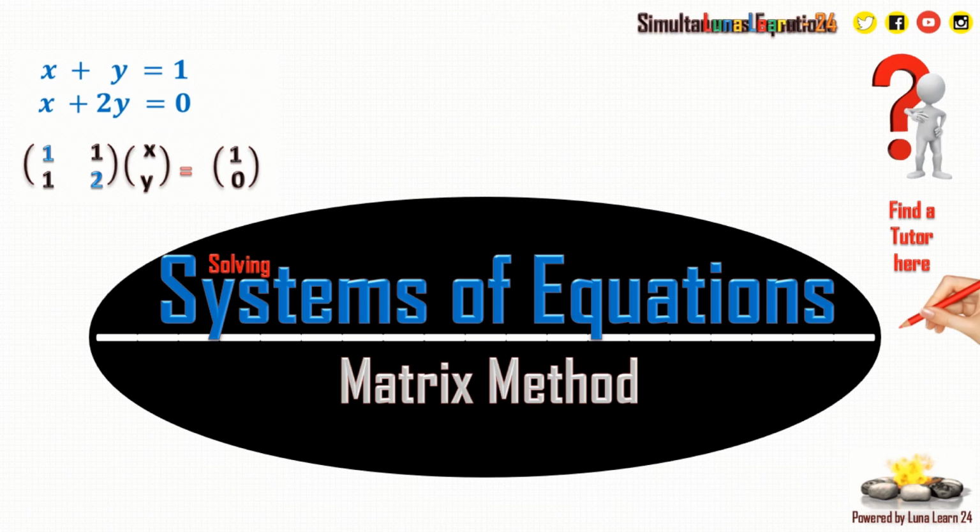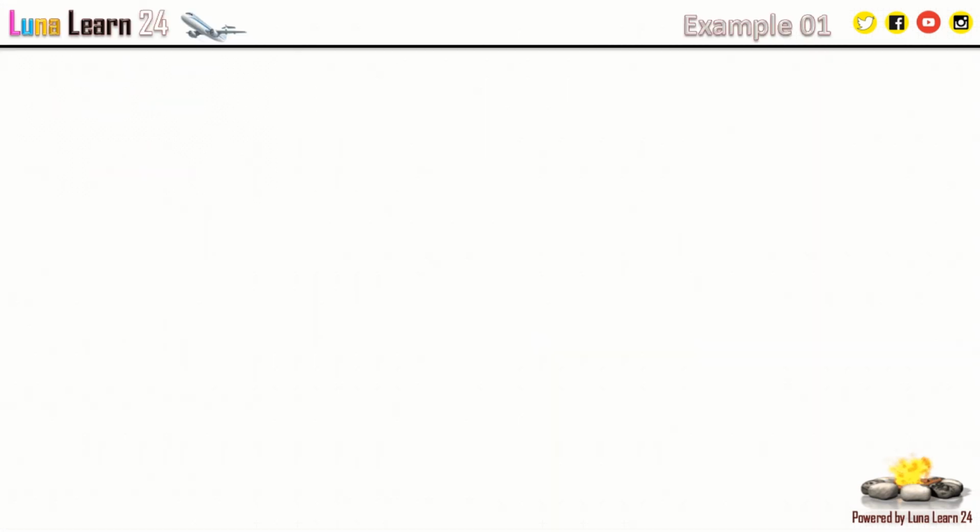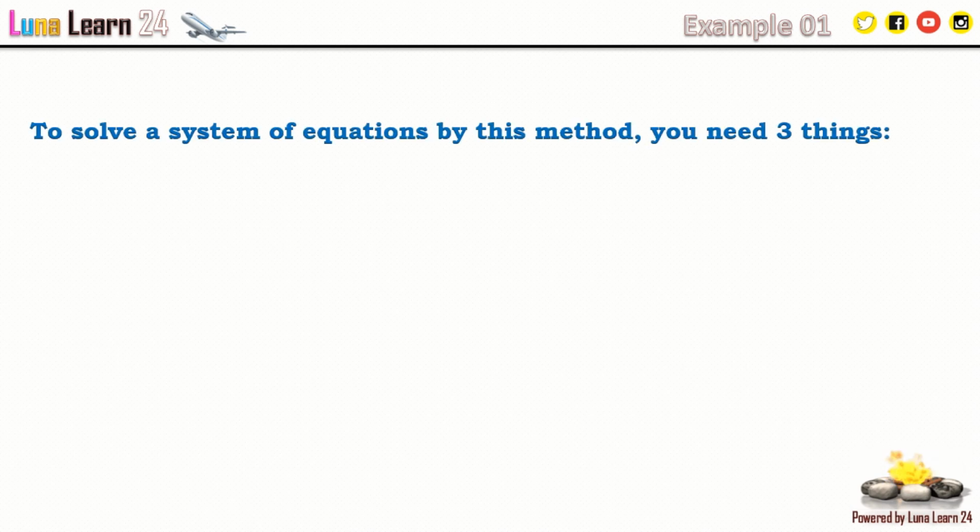In this tutorial, we are looking at solving systems of equations by the matrix method. In solving a system of equations by the matrix method, there are three things we need to do.